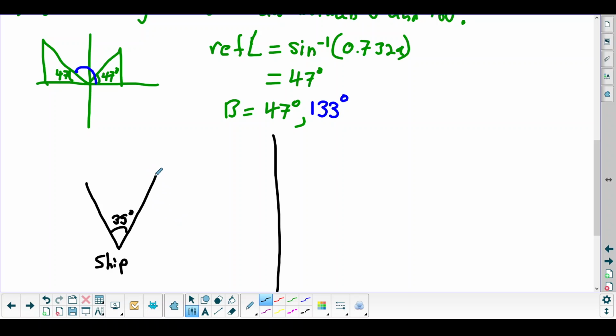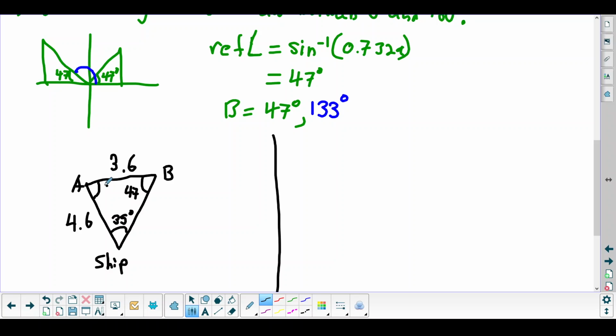Okay, we found this is 47 degrees. We know that this is 4.6, and this is 3.6. And if that's the information we have, then we can find this angle A by doing 180 minus 35 minus 47.